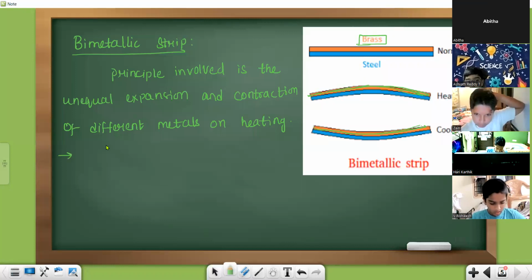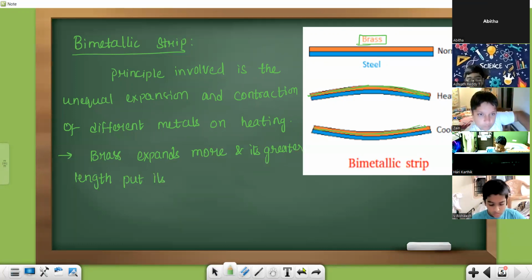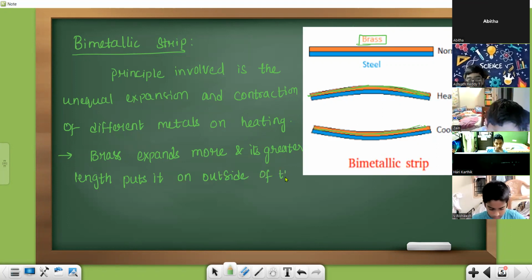Yes, ma'am. So if you consider brass, brass expands more, and its greater length puts it outside of the curve.